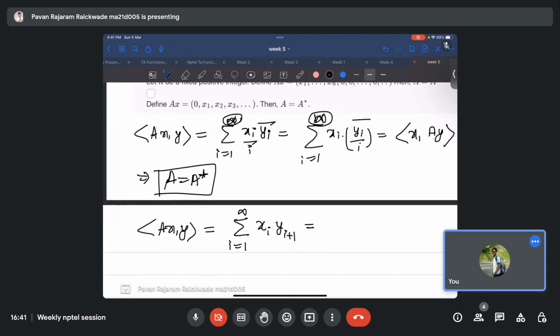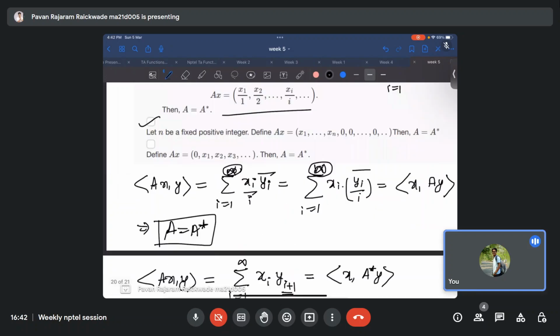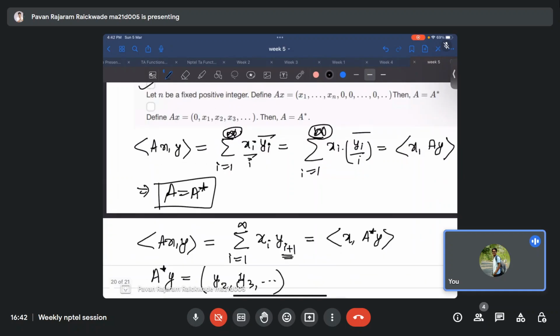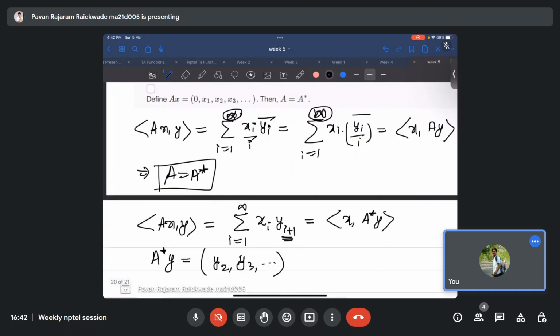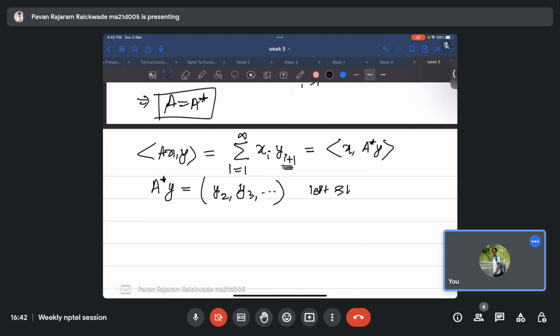So this can be written as the inner product of x with A star at y, where A star at y is given as y2, y3 and so on, because it will start from y2. So it's a different operator. A is the right shift operator, but what we are getting as an adjoint is a left shift operator. So A is not the same as A star.